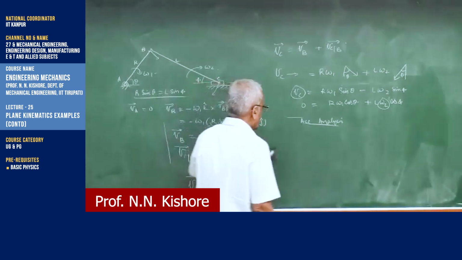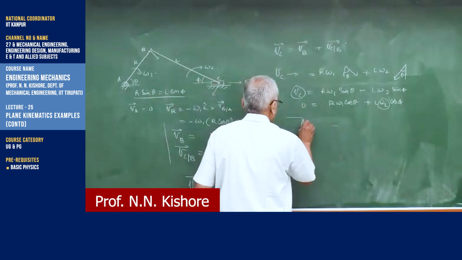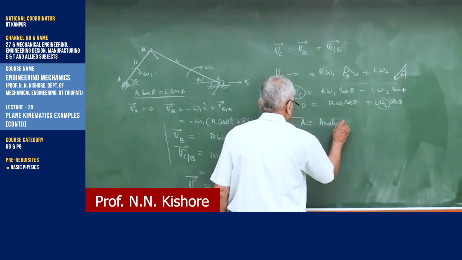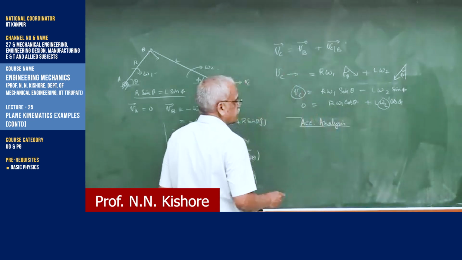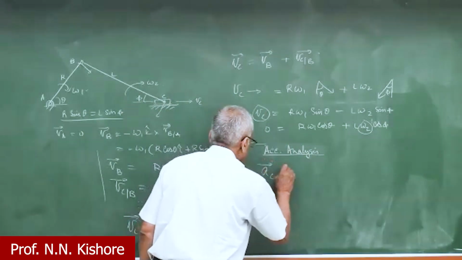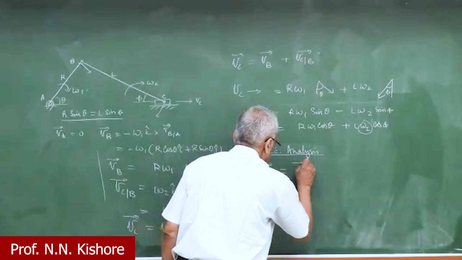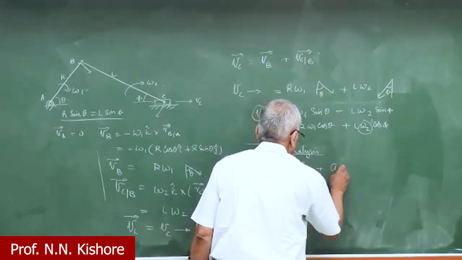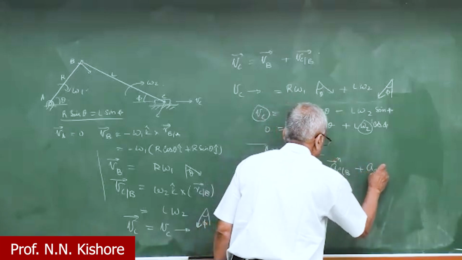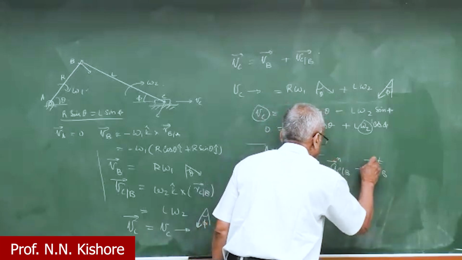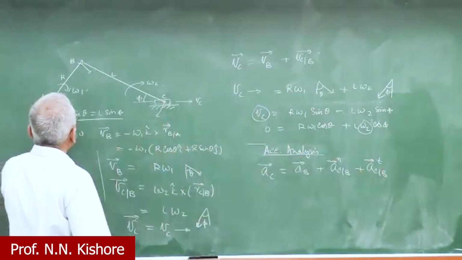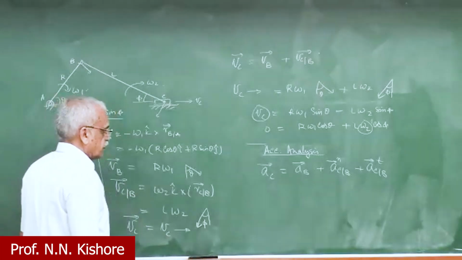If you want to do the acceleration analysis, it goes exactly along the same line, but now we'll get one more component. The acceleration of C is the acceleration of B plus the acceleration of C with respect to B. The acceleration of B can be found from link AB, which is the first link.